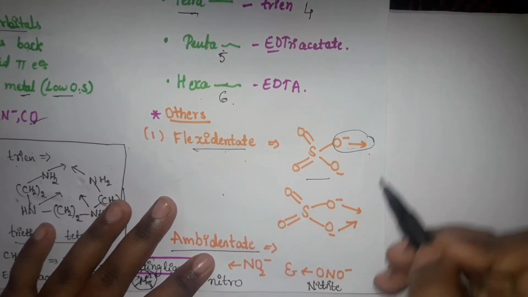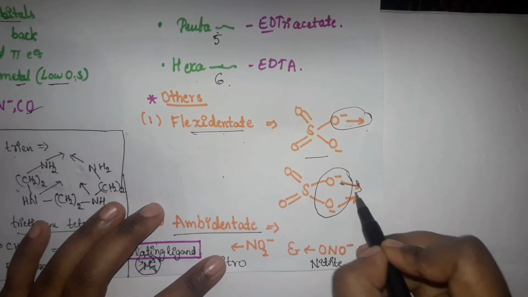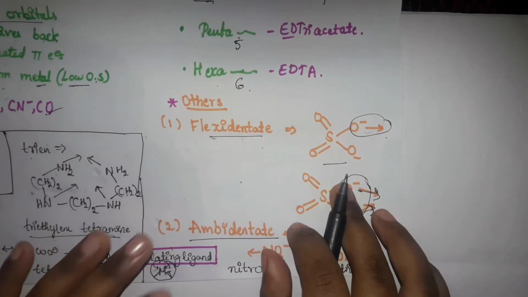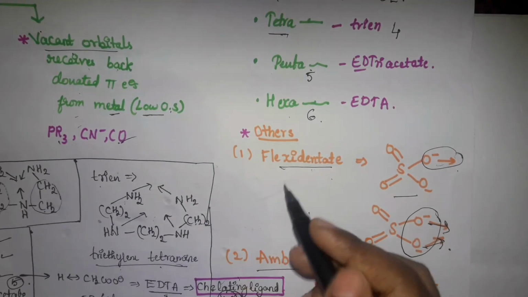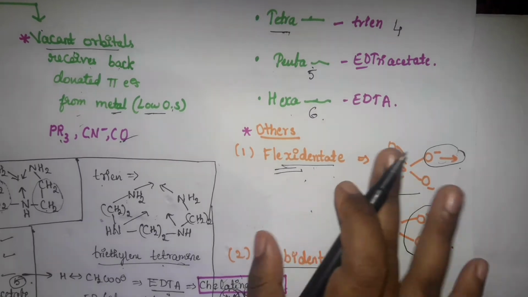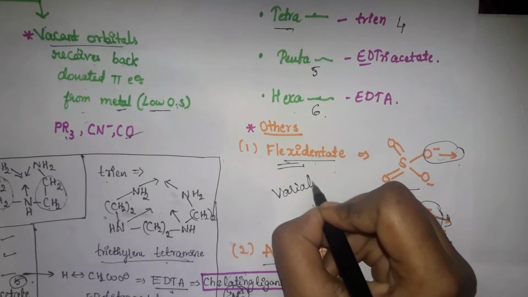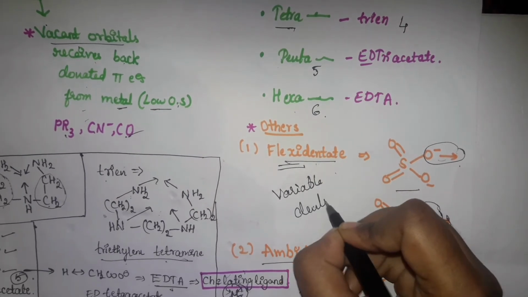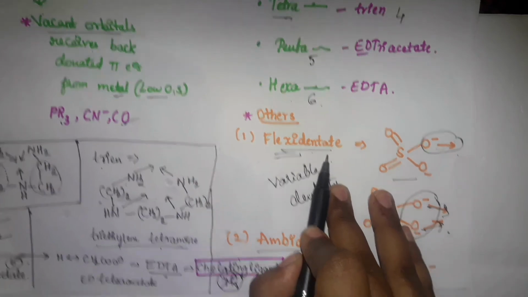In some cases this ligand acts as monodentate, and in some cases the same ligand acts as bidentate. They are flexible in their denticity. A ligand which shows variable denticity is called a flexidentate ligand.